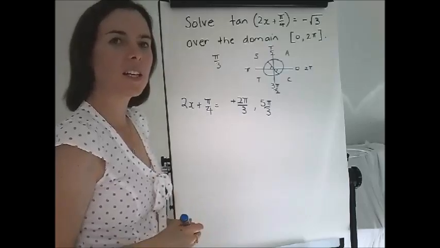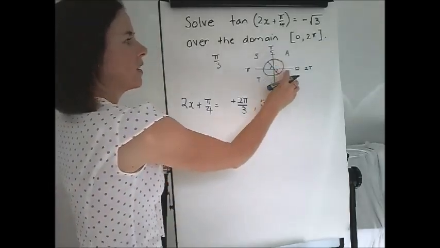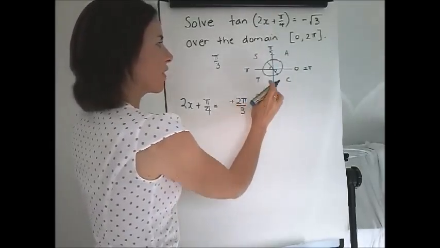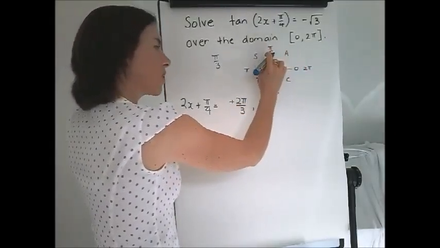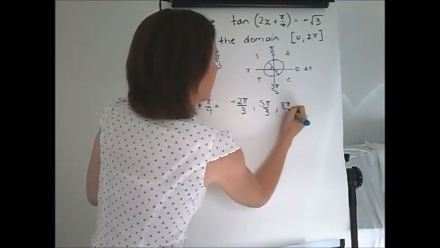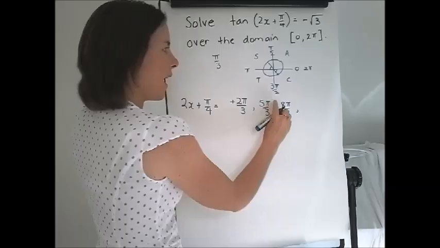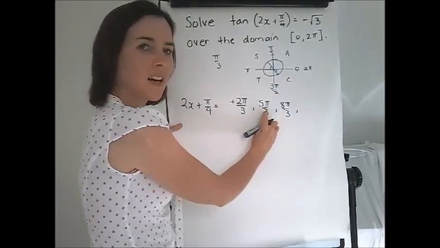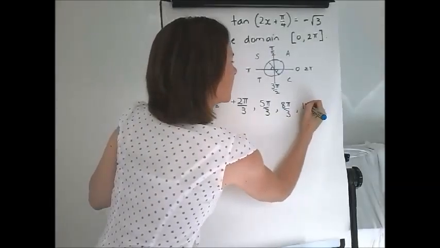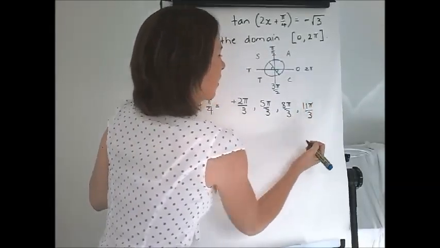If you're dividing by 3, get 3 times as many. So let's go around the second lap of the circle. 2 pi on 3 plus a whole circle of 2 pi will give us 8 pi on 3. And 5 pi on 3, a whole lap later, so we need to add 2 pi, will give us 11 pi on 3.